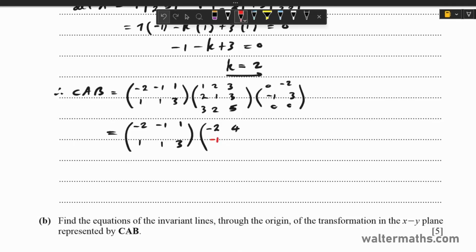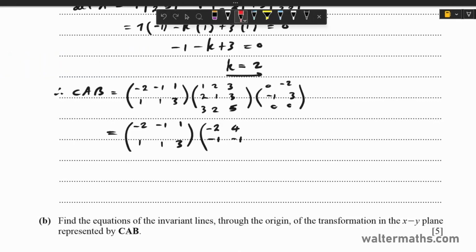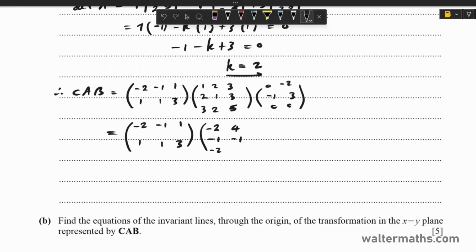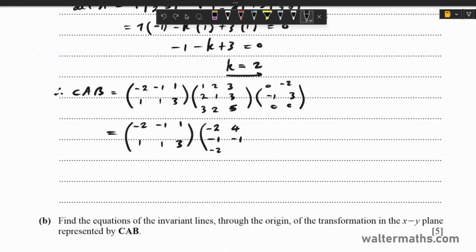So minus 1. Next up, this row by this column, and we will get minus 4 plus 3 plus 0. So minus 4 plus 3 is minus 1. Next up, this row by this column. That's going to be 0 minus 2 plus 0. So minus 2 here. And lastly, this row by this column, and we will get minus 6 plus 6 plus 0. So we just get 0.